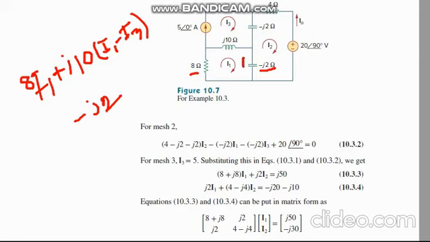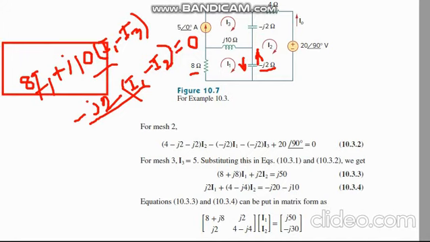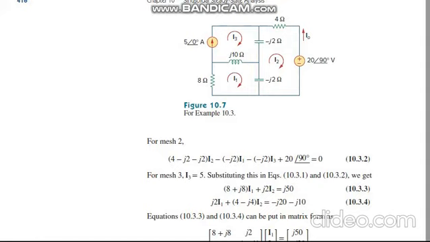That will be I1 here and I2 its direction is here. So I1 minus I2. That is the first equation. After that you have to solve it like this. Just calculate all these things, separate the I1, I2 and I3, and you will get the equation. Now you can see that we have solved the equation for I1.